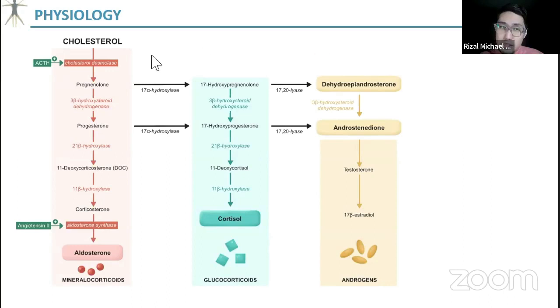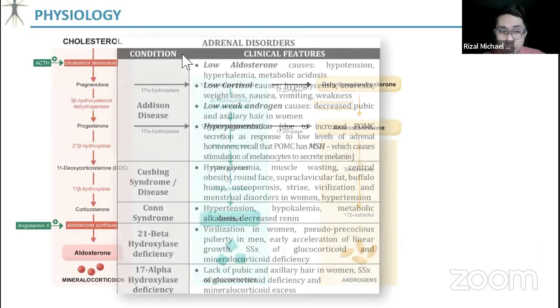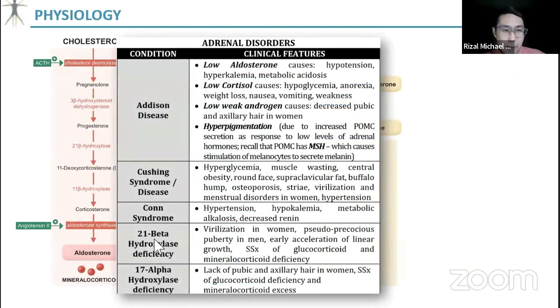So what happens is lahat ng substrate pool lang sa isang side, sa mineralocorticoid side lang, no? So that means kapag mayroon kang 17 alpha hydroxylase deficiency, walang pubic hair, walang glucocorticoid.